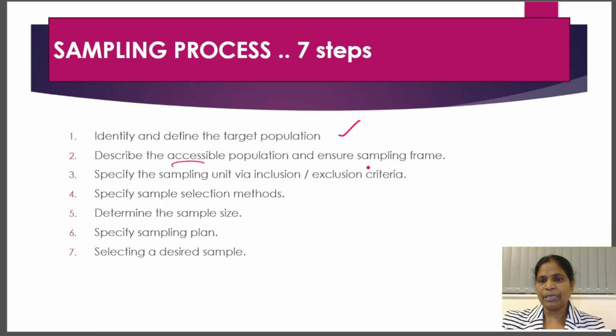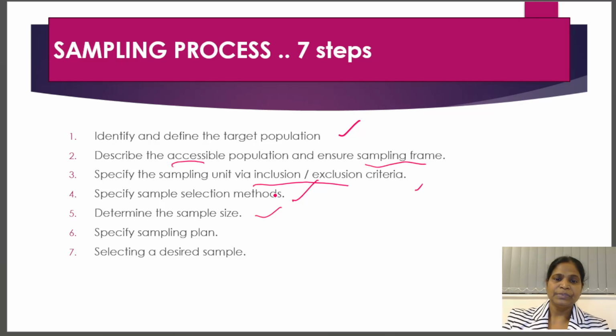Ensure the sampling frame, whom all you are going to involve in the study. Specify the sampling unit via inclusion and exclusion criteria. Specify sample selection methods. Determine the sample size. We have a formula for estimating the sample size; I'll make another video regarding that. Specify the sampling plan and select a desirable sample.